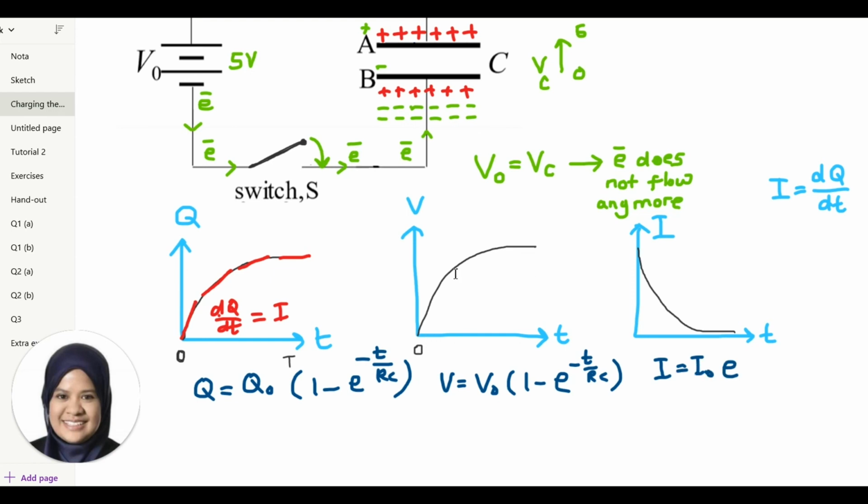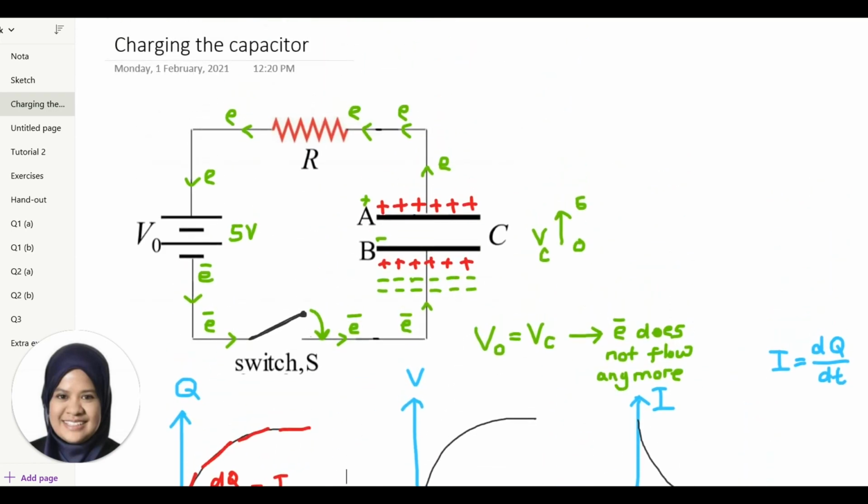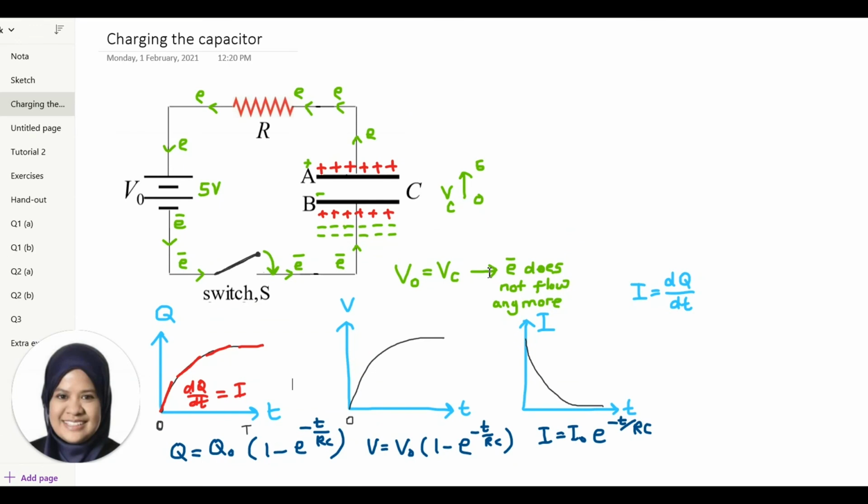So ini yang awak kena faham, cara nak dapatkan graf, macam mana graf macam ni boleh terbentuk. Okay, dan inilah formula ataupun expression of Q, V and I which is related to our graph. Okay, ini charging of the capacitor.